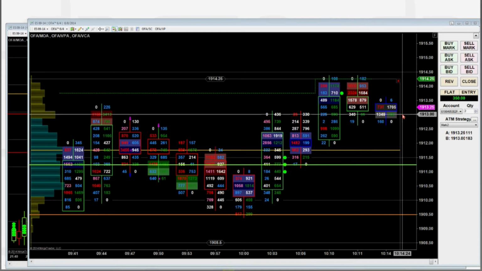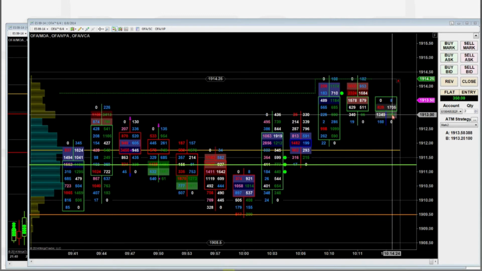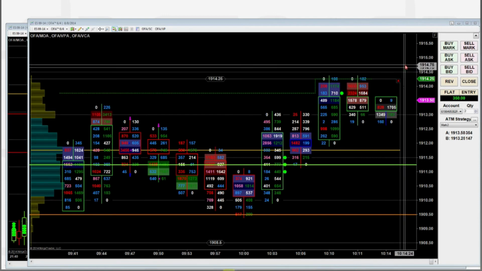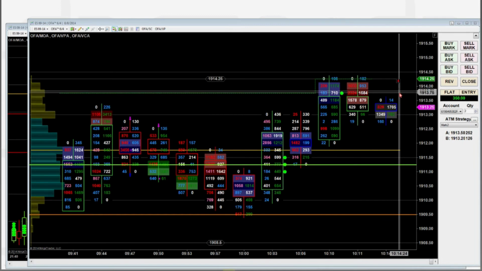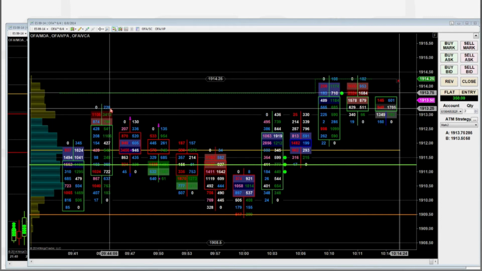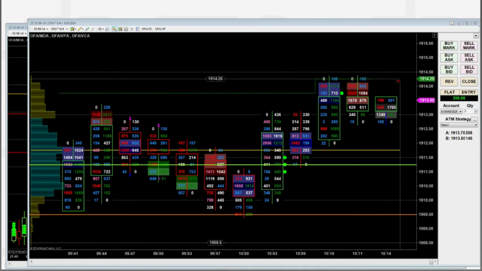Long here at 13, again looking for 1475 or higher. 1375 was the original target. So you can see it doesn't take much in a day. Oil is the same way. I mean, oil, something can happen and boom.